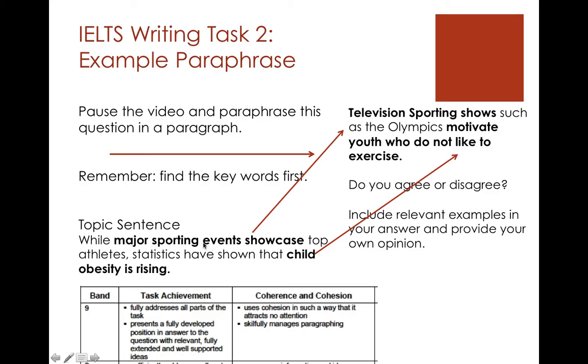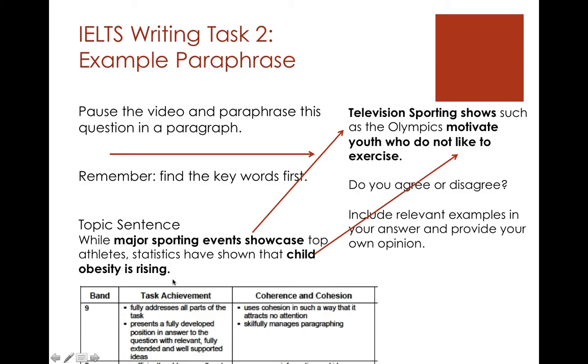So we have a paraphrase, a synonym paraphrase of this word. We're talking also about this part, and we are disagreeing because we're saying while this is true, major sporting events showcase top athletes, statistics have shown that child obesity is rising. So we disagree that television sporting shows motivate youth to exercise.